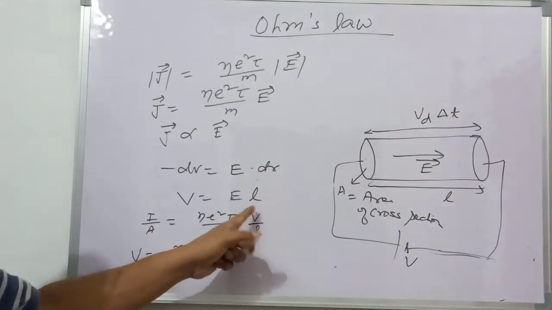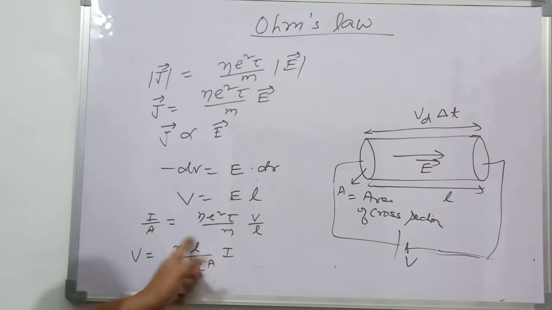Here V is I into m L divided by A n e square tau.